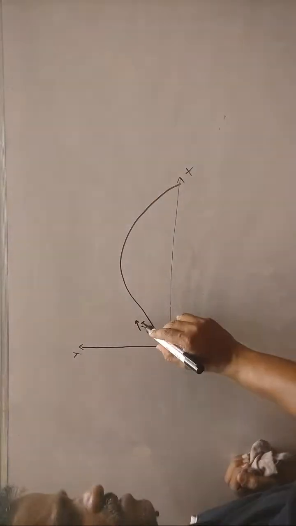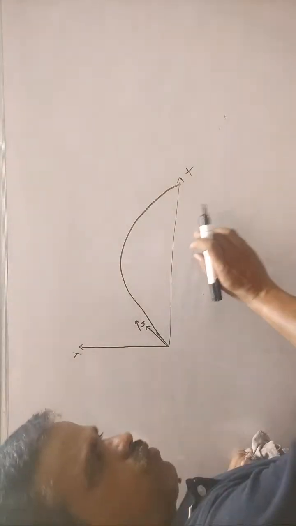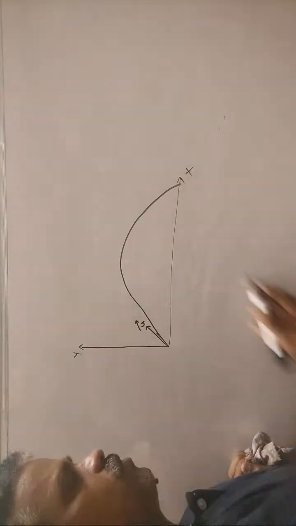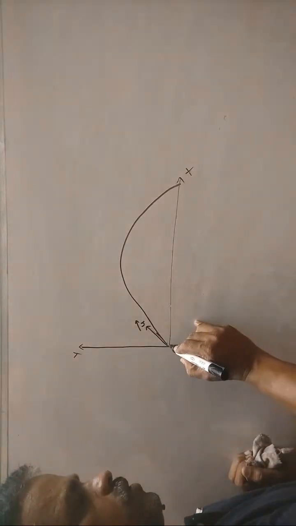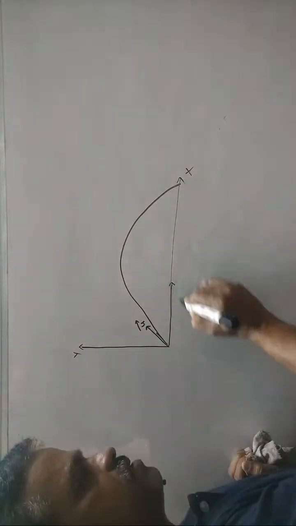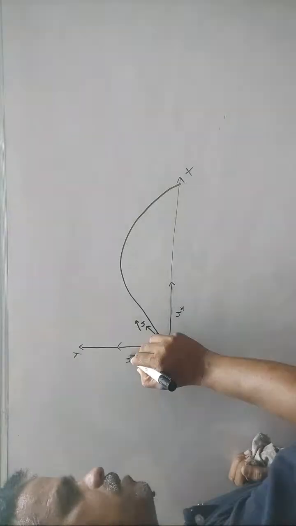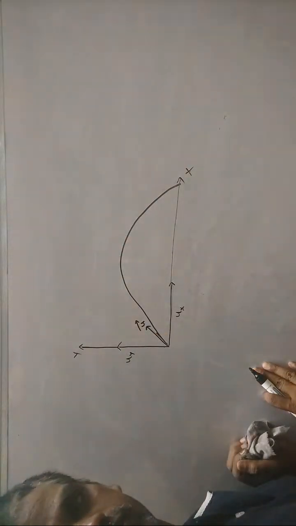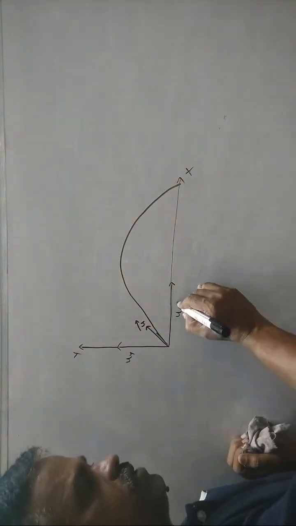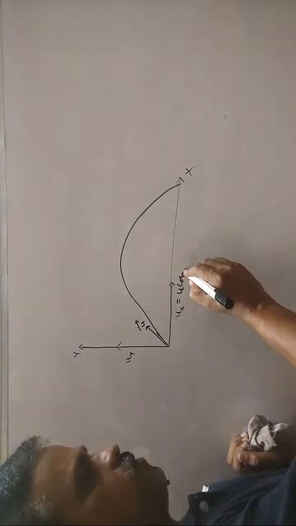So here velocity is a vector. I already explained this just before. U is a vector, so it has a component along the x-axis, that is ux, and a component along the y-axis, that is uy. Ux is nothing but u cos theta.